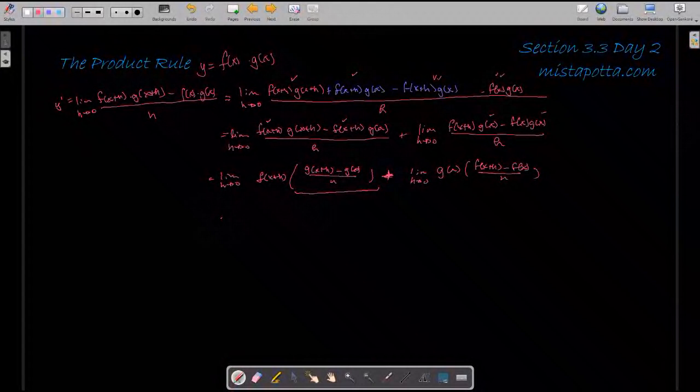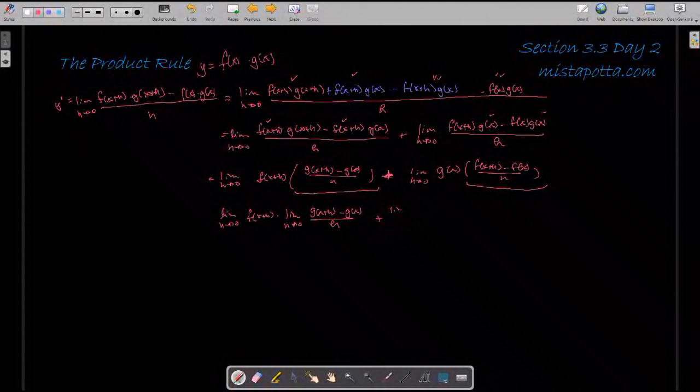So what I've got is the limit as h approaches 0 of f of x plus h times the limit as h approaches 0 of g of x plus h minus g of x all over h. And over here I'm noticing that this term looks suspiciously like the derivative of the function f.